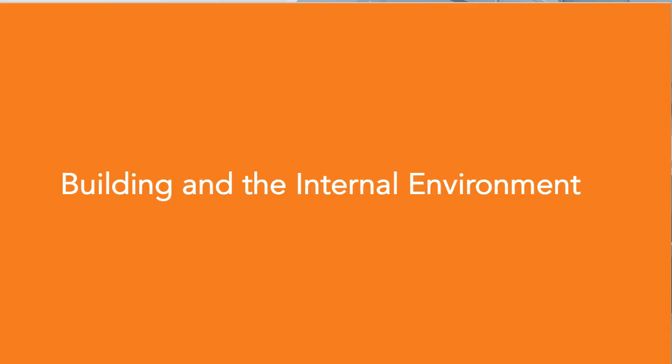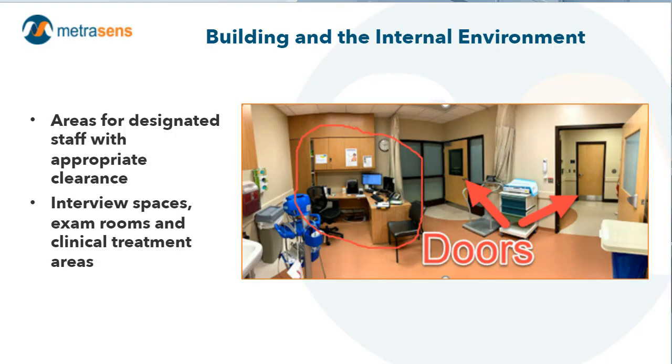So let's look a bit more at the building and the internal environment. This picture is just an example of an assessment I did recently. It's a great triage office. It has 2 doors, an entrance door for patients and an exit into the treatment area. But you see the area circled here.